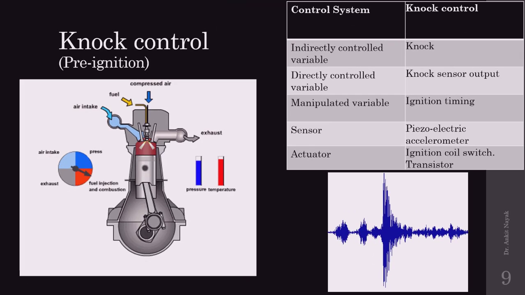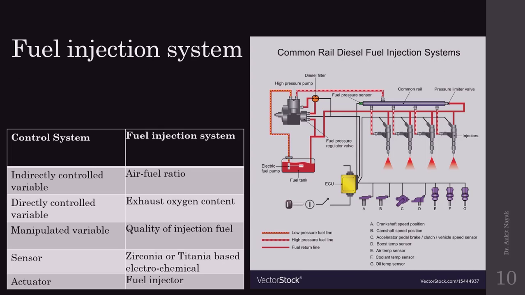So after discussing the knock control or pre-ignition, let us discuss the fuel injection system. As I have told you, the fuel injection system is used in diesel engines because we require injecting the fuel just after completion of the compression stroke.